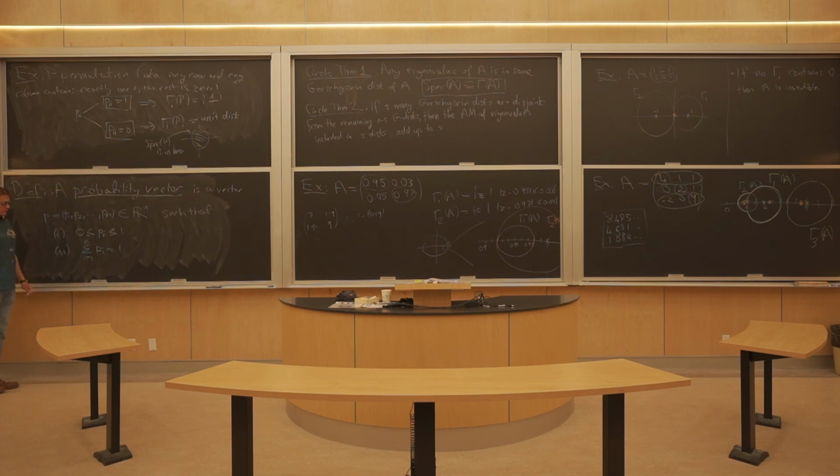You can imagine why it would be useful to call this a probability vector. You have n options, and this probability vector, once you have one, tells you what is the probability of choosing any one of these. So P_1 tells you what is the probability of choosing the first option, and so on.